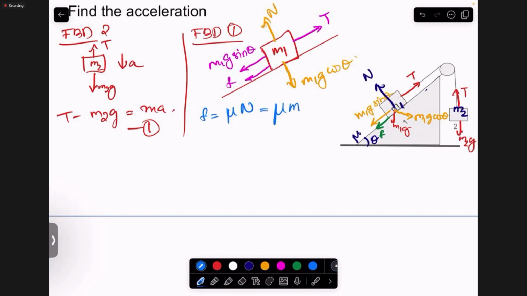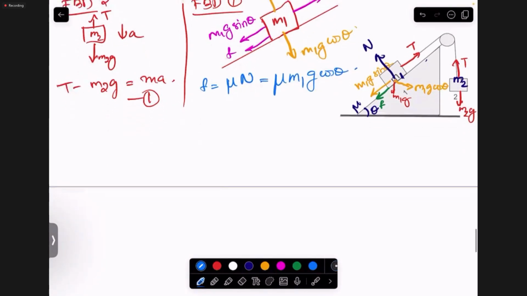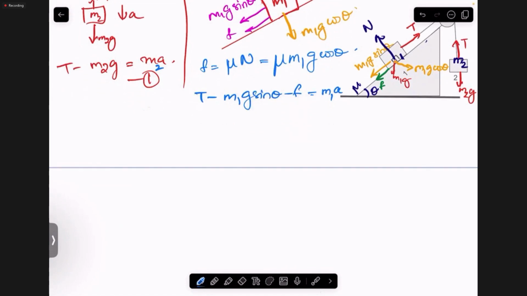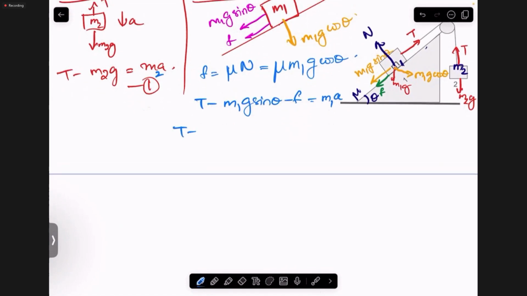Now, T minus M1G sin theta minus F equal to M1A. Now, substitute for F, T minus M1G sin theta minus mu M1G cos theta equal to M1A. That is equation 2.